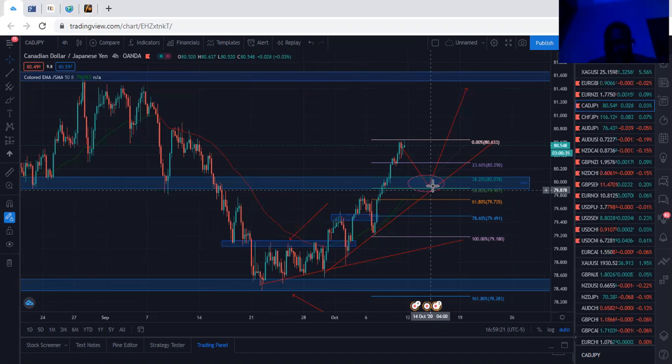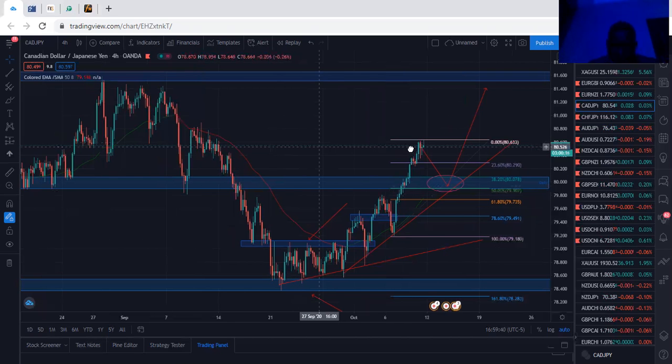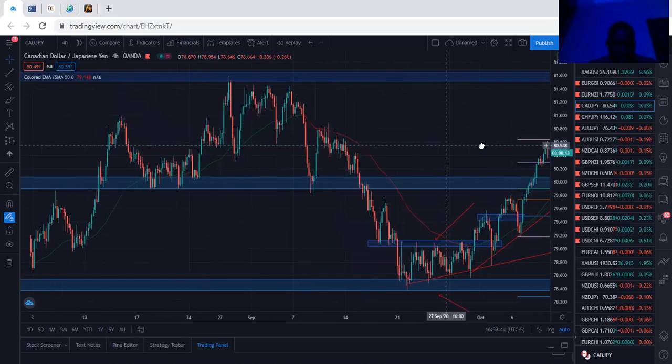The third confluence here is retesting the 50% fib level area, and the 4th confluence is that price will be above this 50 moving average.